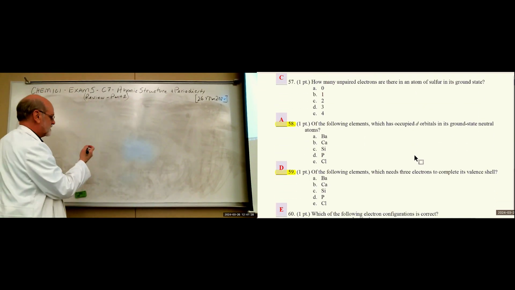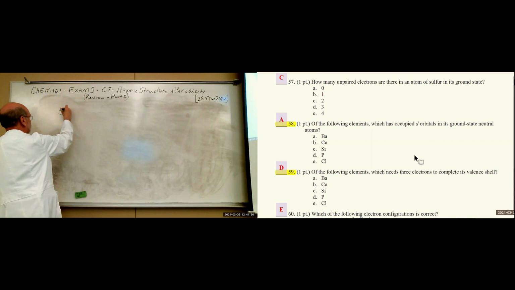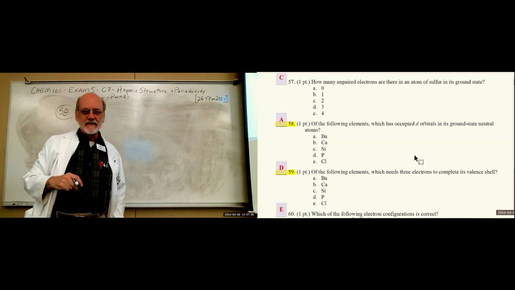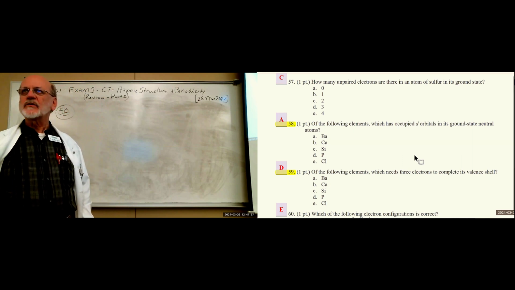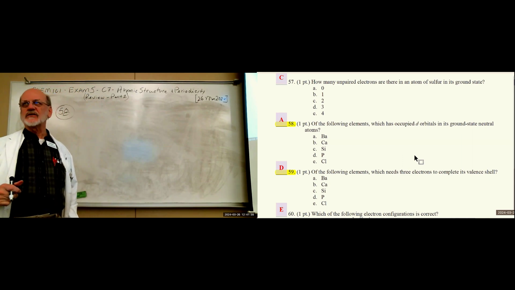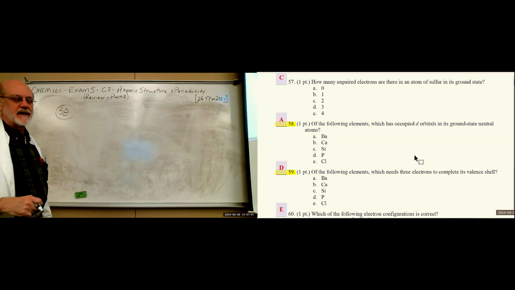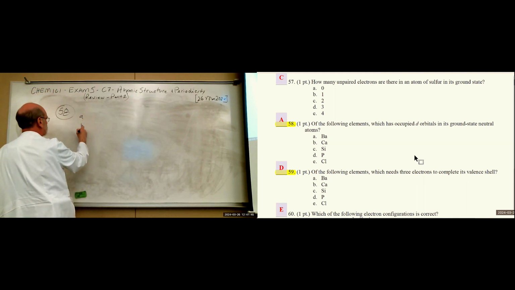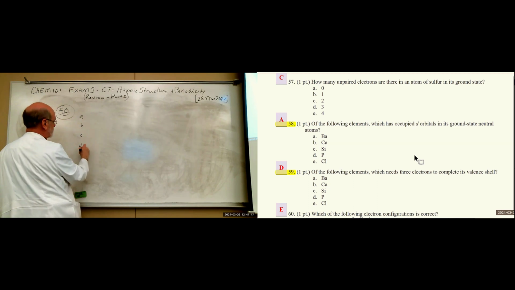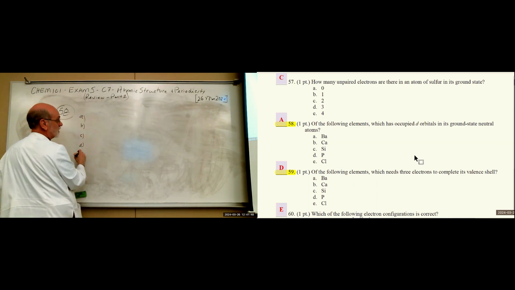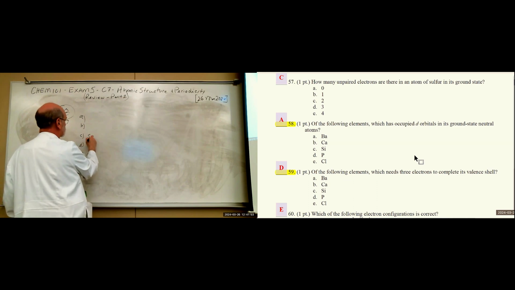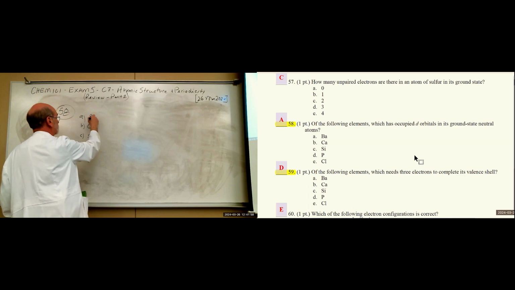How about 58? The following elements, which has occupied d orbitals in its ground state neutral atoms. Occupied d orbitals. Let's see what we have to work with here. A, B, C, D, and E. There's chlorine, phosphorus, silicon, calcium, barium.